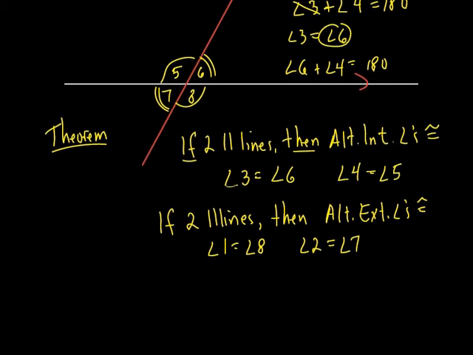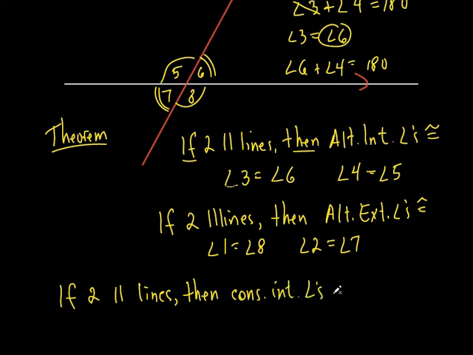Let's write a little theorem down for this. So how do we start this off? If what? If two lines are parallel, or if two parallel lines, however you want to say it, doesn't really matter. Technically, it's if two parallel lines are cut by a transversal. I just left out the cut by transversal thing, okay? So if you have two parallel lines, then which ones are we talking about now? The consecutive interior angles are what?